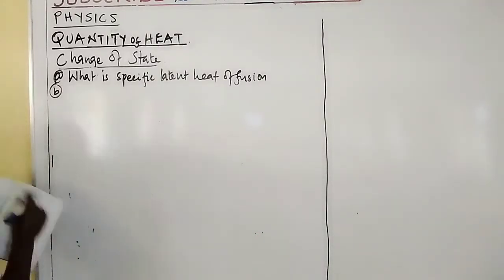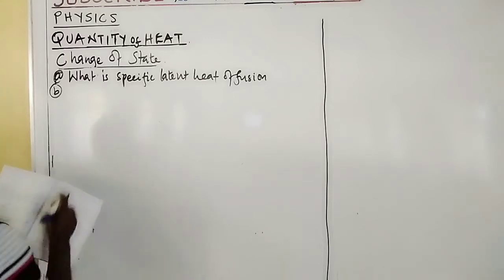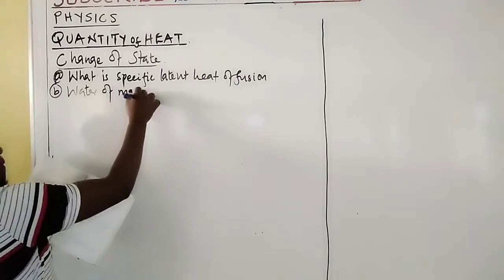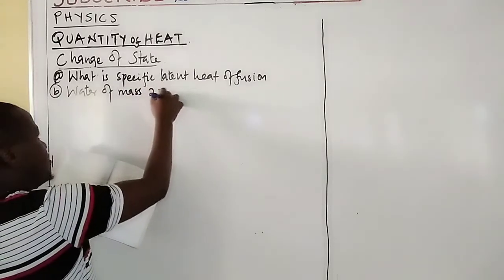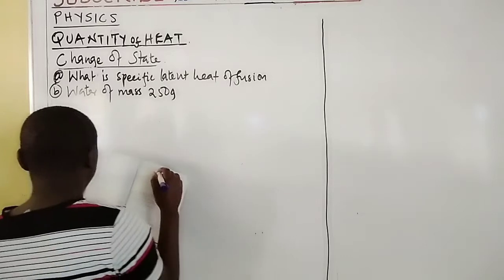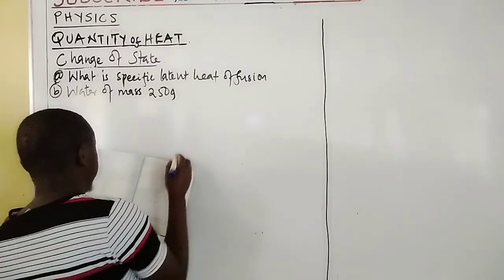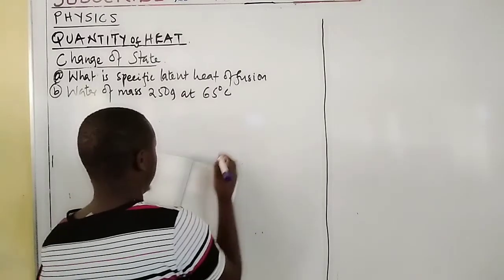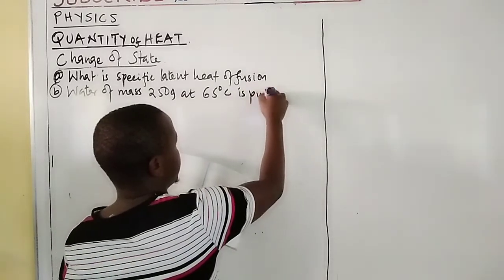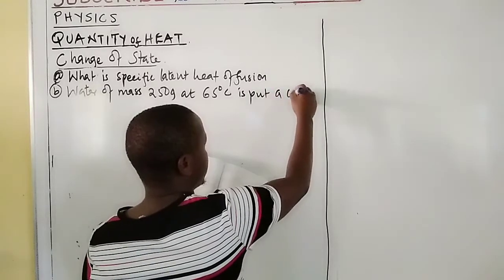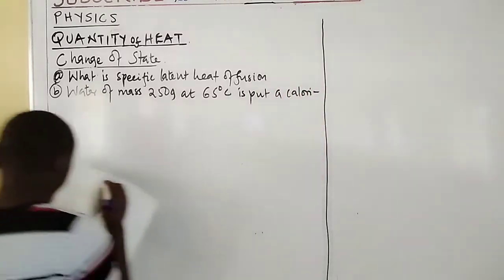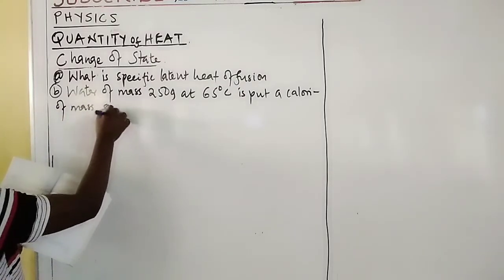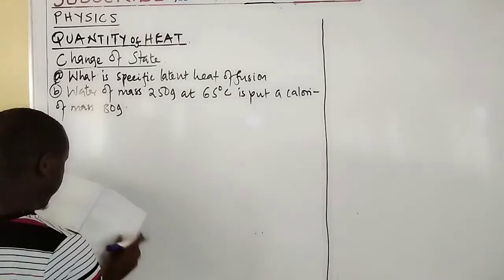Then part B, they were told water of mass 250 grams at a temperature of 65 degrees Celsius is put in a well-lagged copper calorimeter of mass 80 grams. So the calorimeter has a mass of 80 grams.